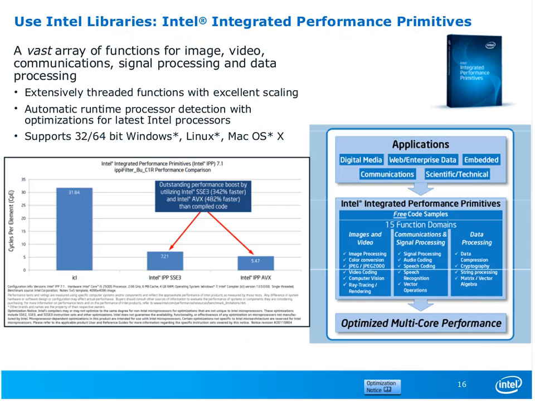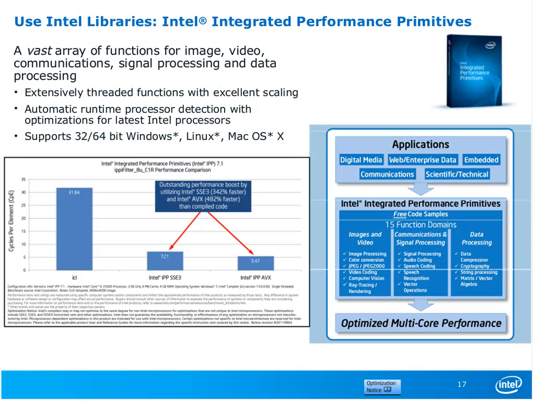Okay, next slide is IPP. IPP is our Integrated Performance Primitives library, similar to MKL, but more for image, video, communication, and signal processing, that sort of thing. The domains are listed, and if you go to Intel's webpage, you can see a list of all the different functions that IPP supports.